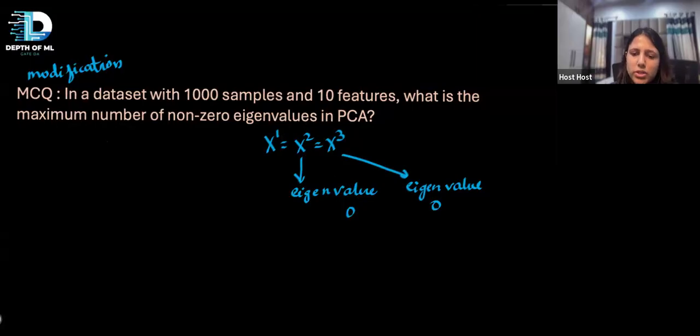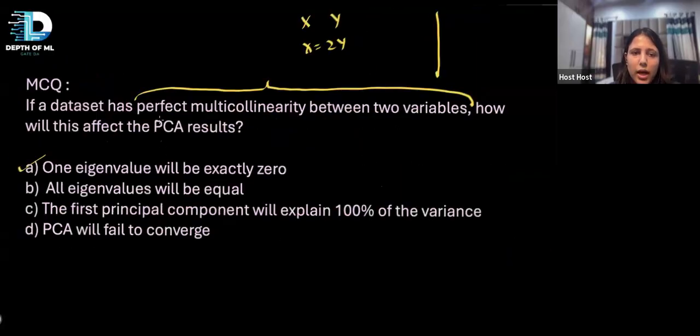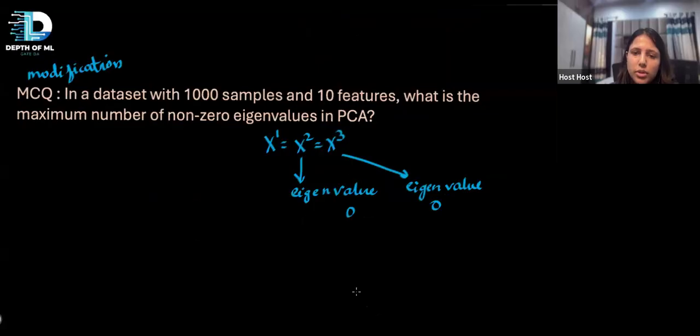From the last question we saw that whenever the features are linearly related, like here, the eigenvalue corresponding to any 2 of these 3 features will be 0. Hence, you will have a maximum of 10 minus 2, which is 8. So 2 of these features will have eigenvalue 0, and then we'll have 8 principal components with non-zero eigenvalues.